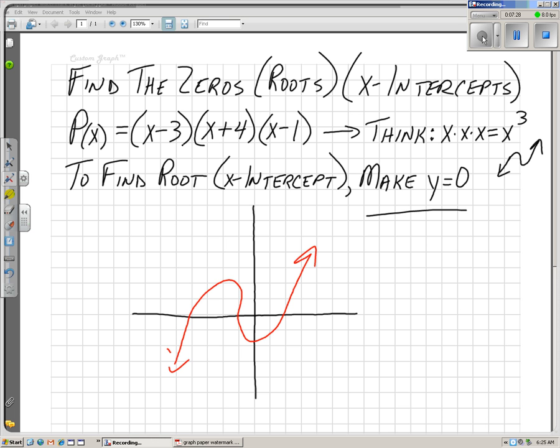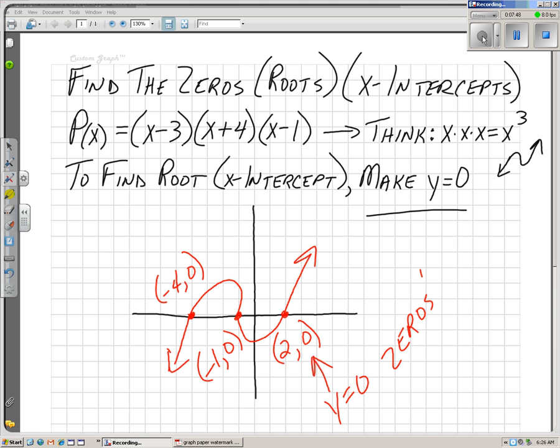My x-intercepts are right there and there and there. Now what are the coordinates of those 3 x-intercepts? Well, you see the coordinates are -4, 0, -1, 0, and 2, 0. Notice the y coordinate is always 0, and that's why we call them zeros. We call them zeros because an x-intercept has a y coordinate of 0.